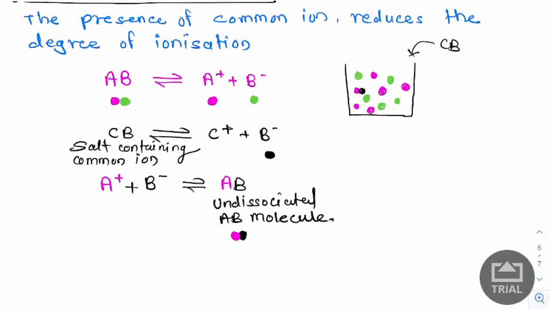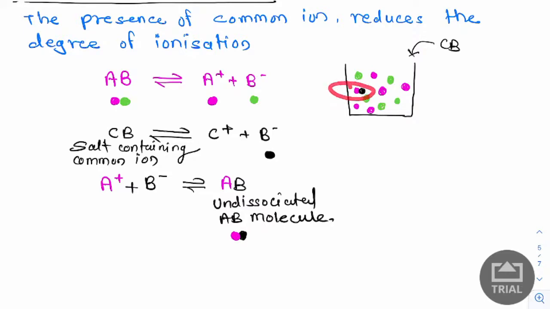It will dissociate as C plus and B minus. This B minus will combine with the A plus, and it will form the undissociated molecule of AB.